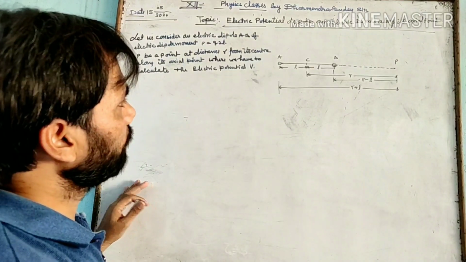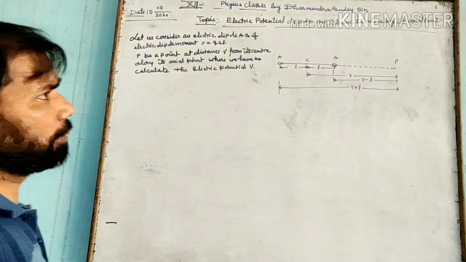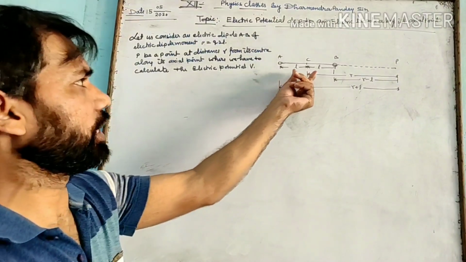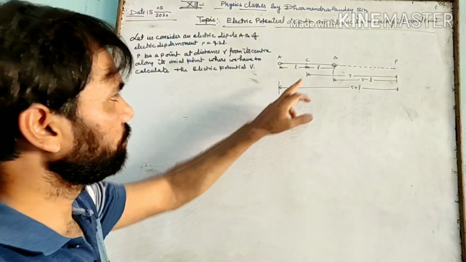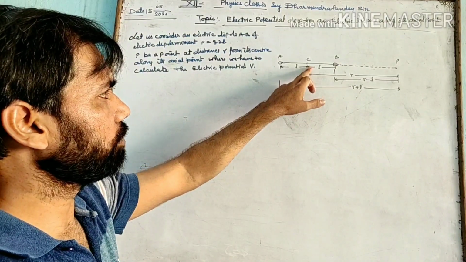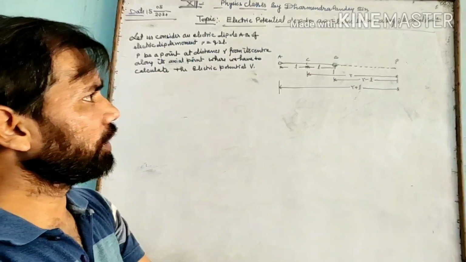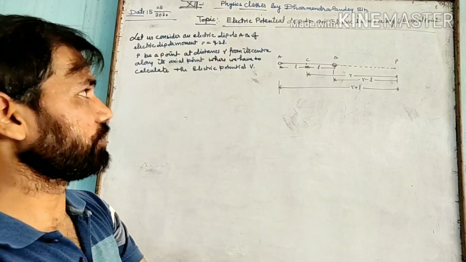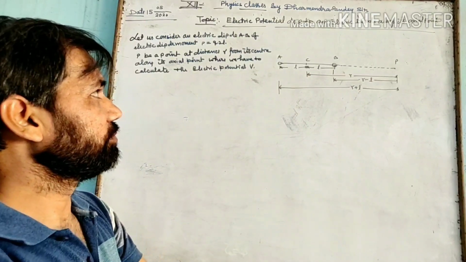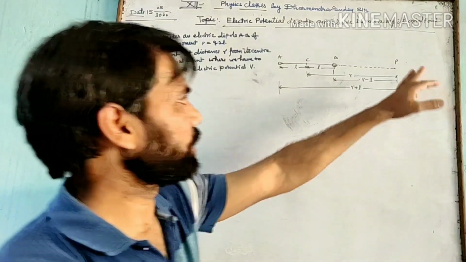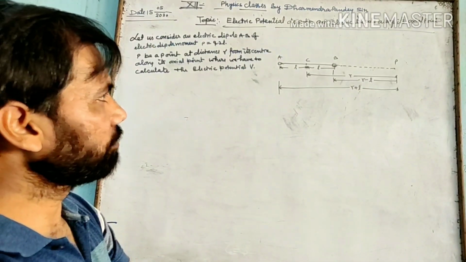Here in the figure we have taken AB, an electric dipole whose length is 2L, and C is the center of the electric dipole. We have taken a point P along its axial line, meaning along the line joining A to B. Either we take the point on this side or this side, it doesn't matter.